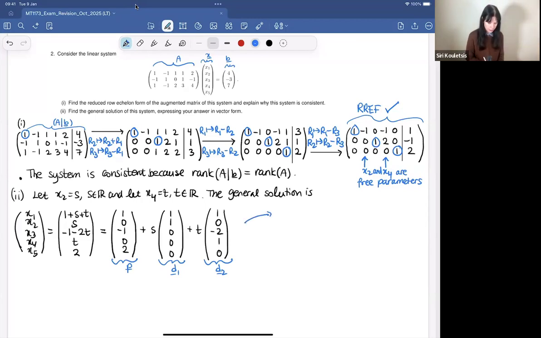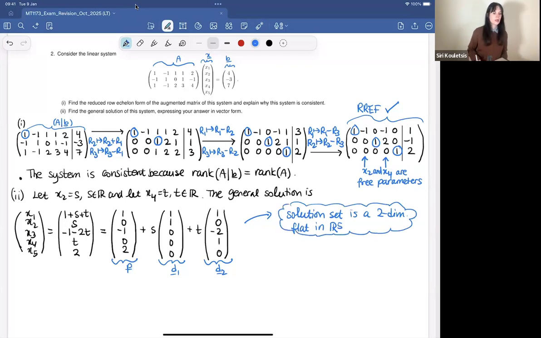Also, let's just point out the solution set is a two-dimensional flat in R5. But now the question is how to check our answer. So this is just an extra here.